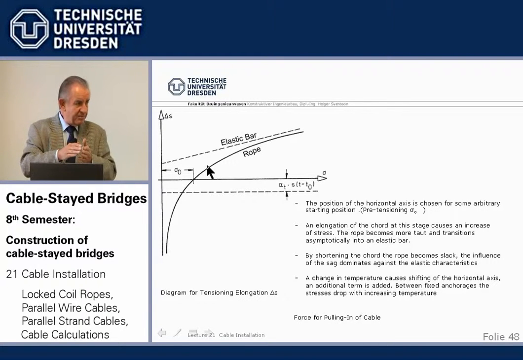Then the same 10 centimeters may mean 4, 5, 6 times the force, and that's what is shown here. The more we stress the rope or the cable, the less slack there is, and the more asymptotically it approaches the elastic bar. It just shows the influence of the sag.